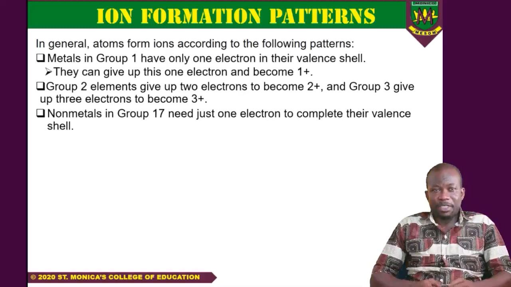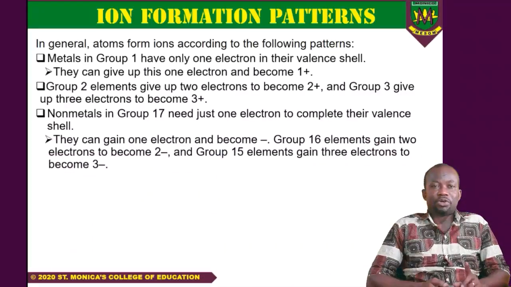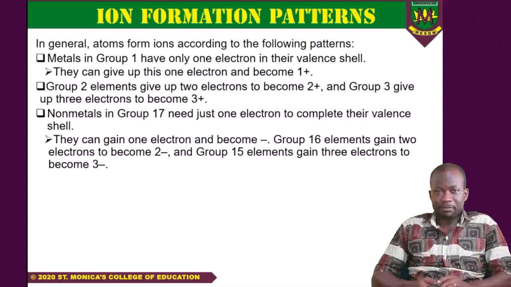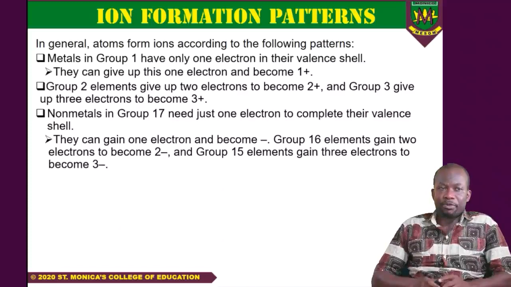Non-metals in group 17 need just 1 electron to complete their valence shell, for example chlorine and fluorine. They can gain 1 electron and become negatively charged. Group 16 elements gain 2 electrons to become 2 negative, and group 15 elements gain 3 electrons to become 3 negative.